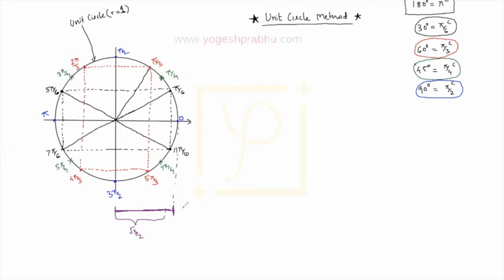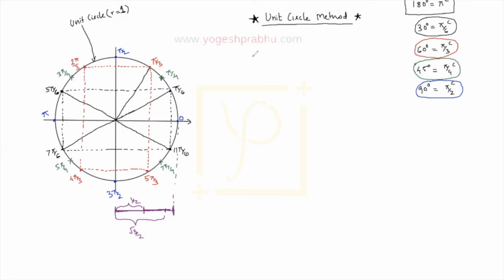If you are going exactly half of this line, then this distance is half. So full is 1, a little short of 1 is root 3 by 2, and exact half is half. You have to really remember this. And in a minute, you will be able to answer sine and cos of any angle. I'll just show you how.